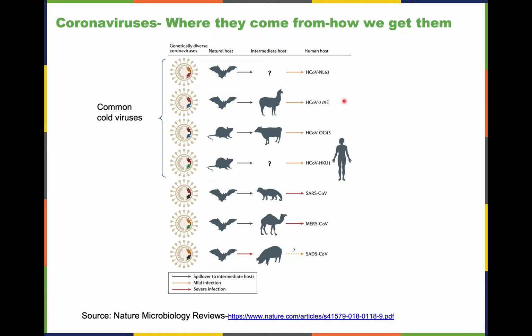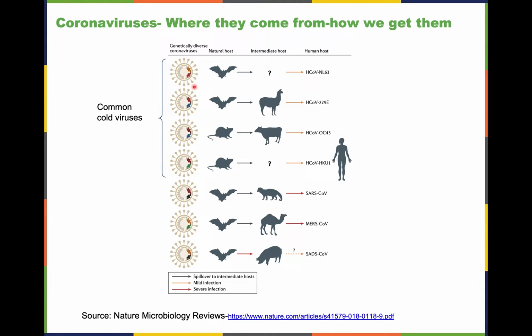So you can see at the top in here, these provide mild infection in human beings. These are all common cold viruses. So if you ever catch a cold, every year you have caught a coronavirus. So the coronaviruses have natural hosts, meaning they exist naturally in certain organisms.